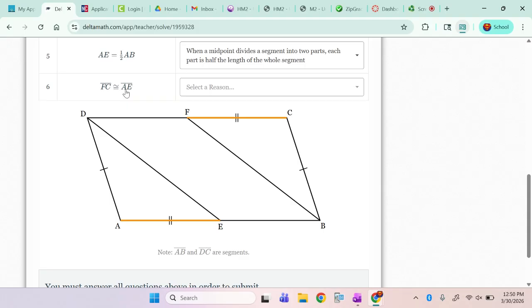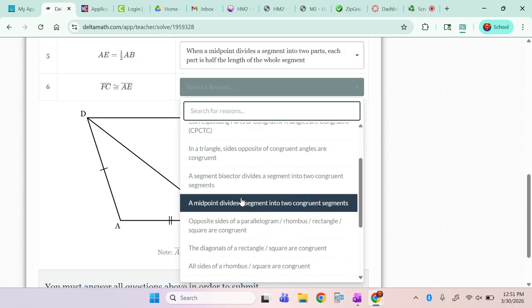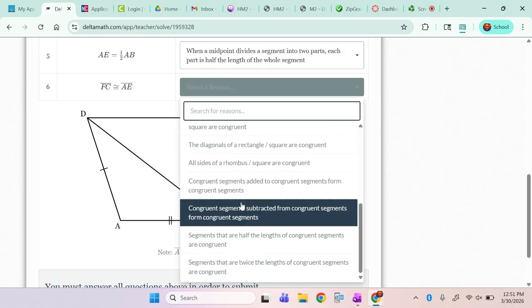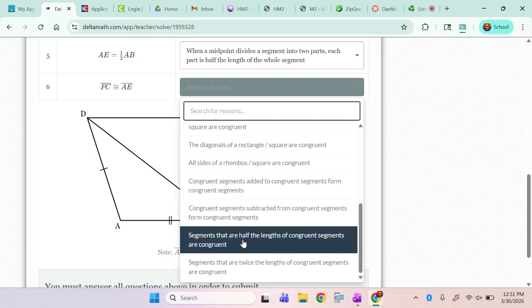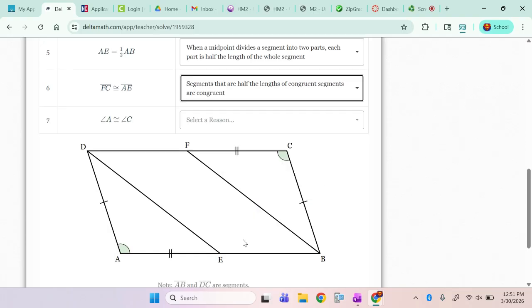They're both half of congruent sides, right? So would that make sense that if they're half of two congruent sides, or sides that are of the same length, that they would be equal to each other? Yes. So the reason is: segments that are half the lengths of congruent segments are congruent.